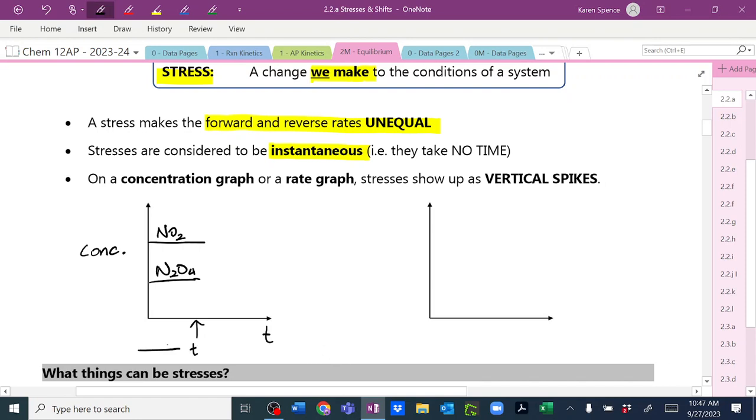If at time t we add some NO2, the concentration of the NO2 will do what? Will spike. Okay, so we get that little spike.